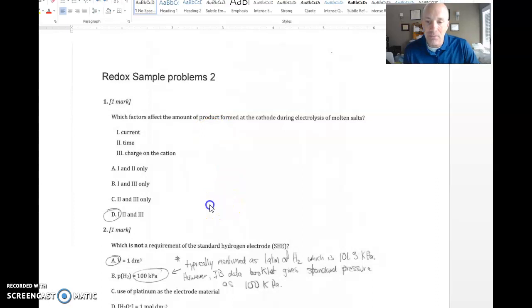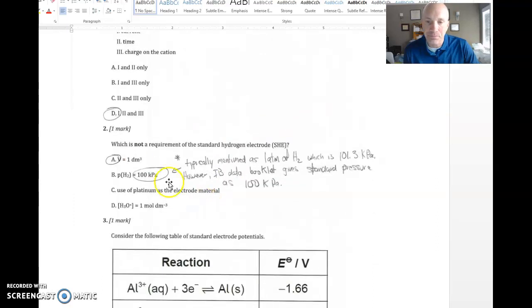In this next problem, it refers to requirements of the standard hydrogen electrode. Remember, in the setup of that standard hydrogen electrode, you need to use platinum. That's the standard for what is used as the electrode, and again, this is an example of an inert electrode.